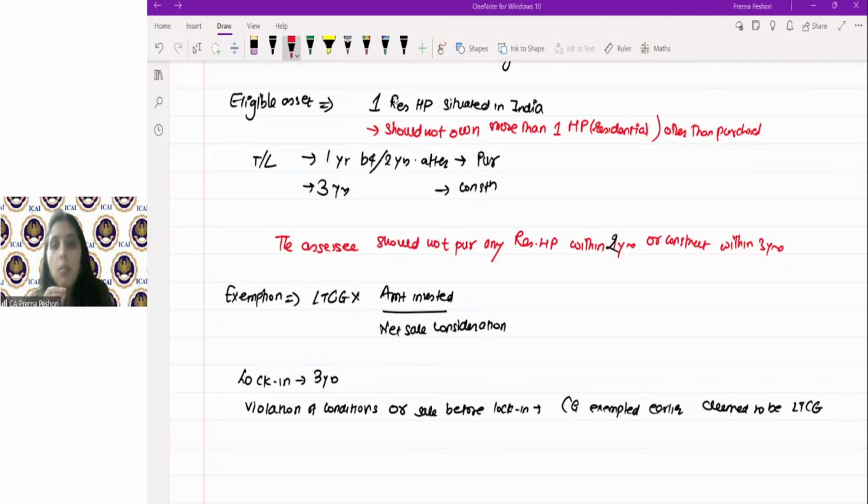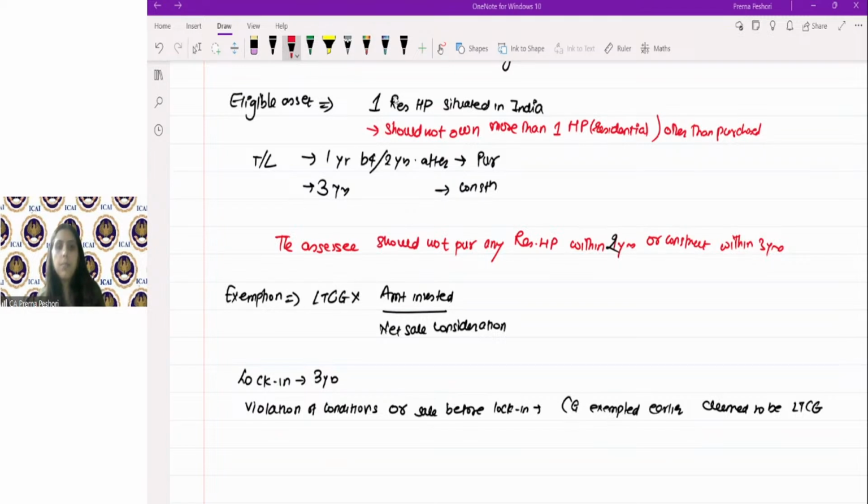The Delhi High Court in that case held that a new house need not be purchased by the assessee in his own name. If the earlier capital asset was owned by the assessee and he is utilizing the money for the purchase of the new house in the name of his wife, that is all right. It should not be in the name of the assessee. That is just one point.